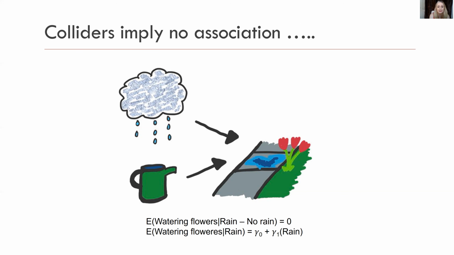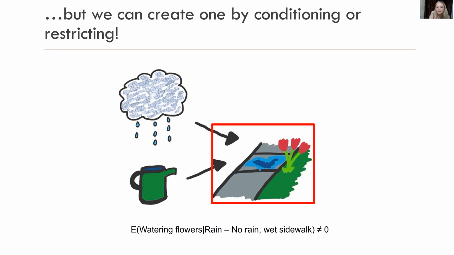And so we can't tell whether or not someone is out watering their flowers just by looking at the rain. On the other hand, if we condition on that collider, for example, we only look at the days when the sidewalk is dry, or only look at the days when the sidewalk is wet, then potentially knowing something about whether or not it's raining will tell us something about whether or not the person is watering the garden.